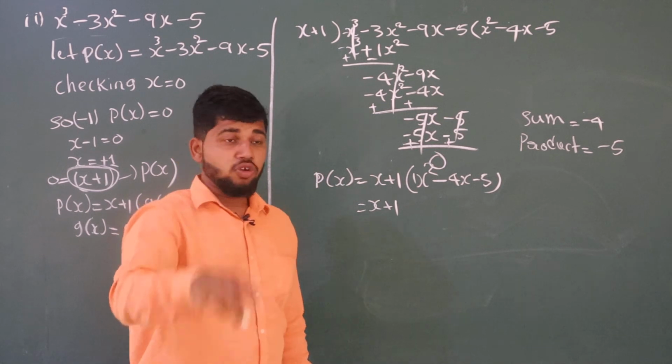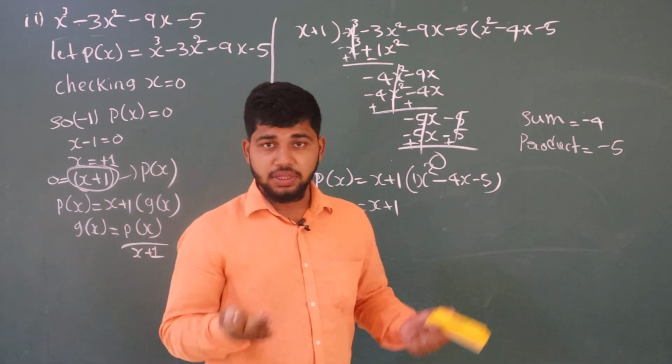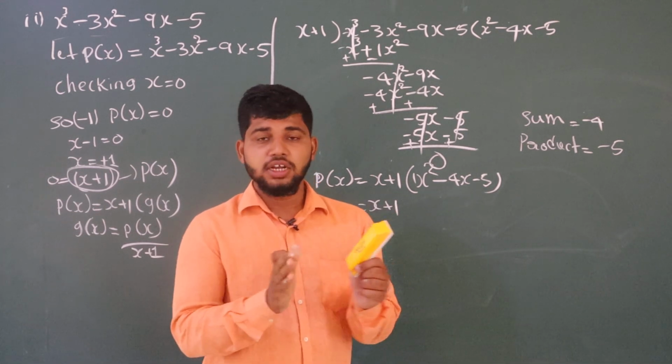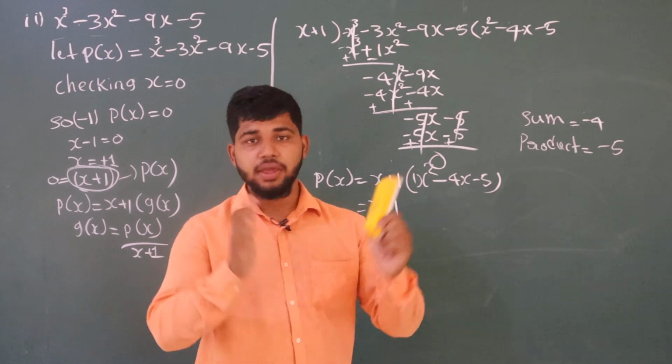Now by splitting the middle number method, we have to find two numbers. The sum must be minus 4 and the product must be minus 5.